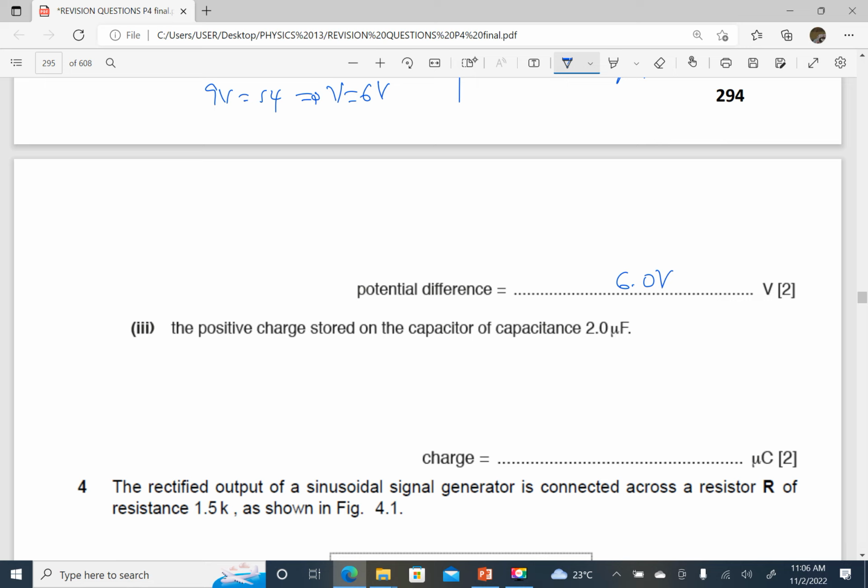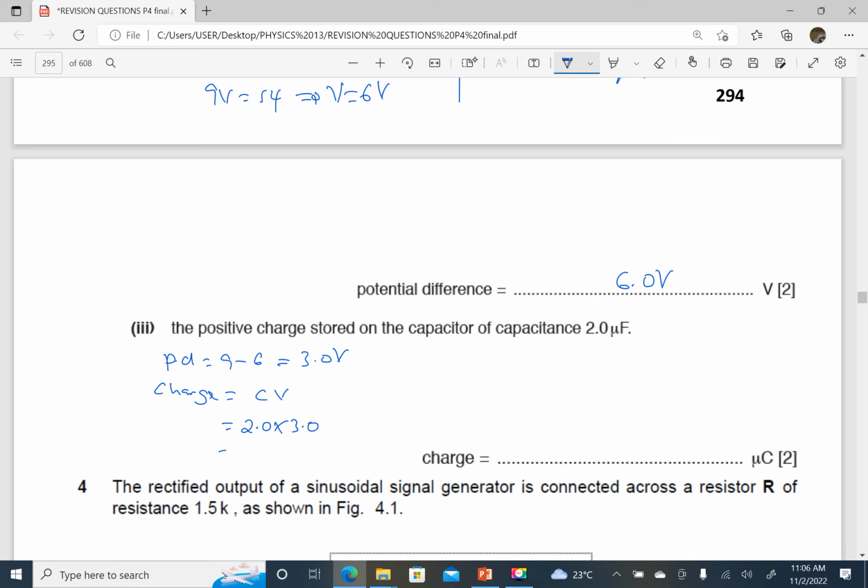So PD is going to be 9 minus 6, which gives us 3.0 volts. Then the charge, which we are interested in, is going to be C times V from the formula.